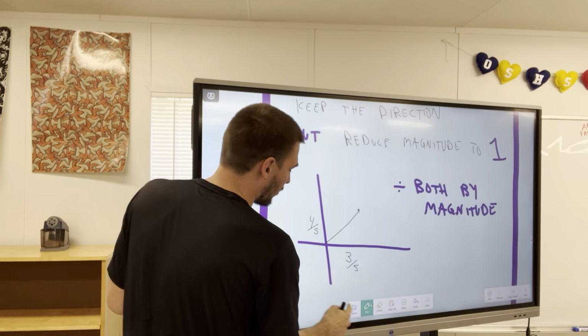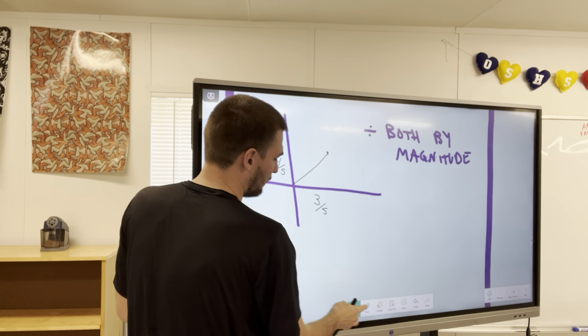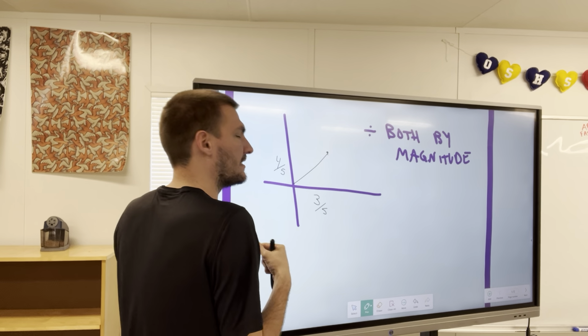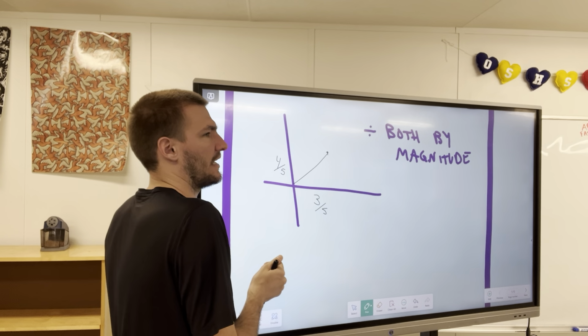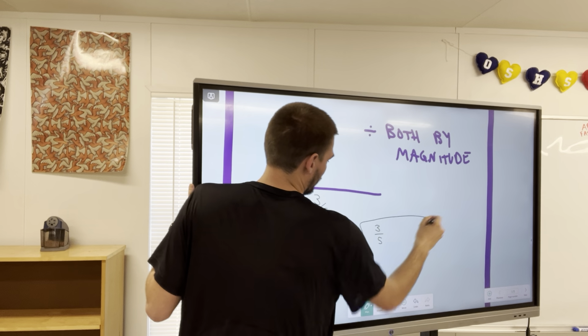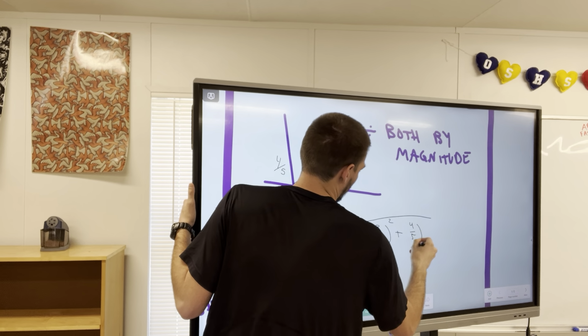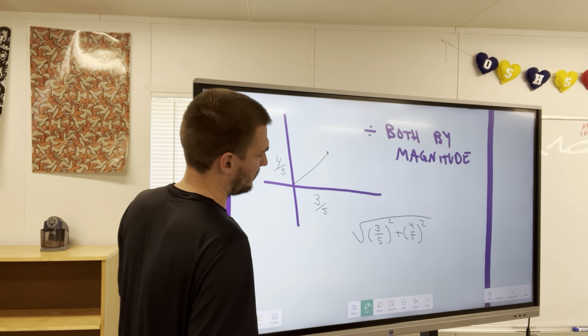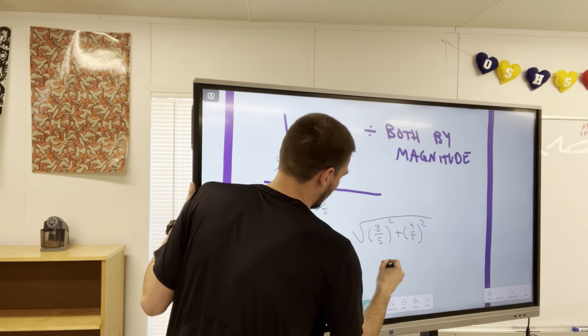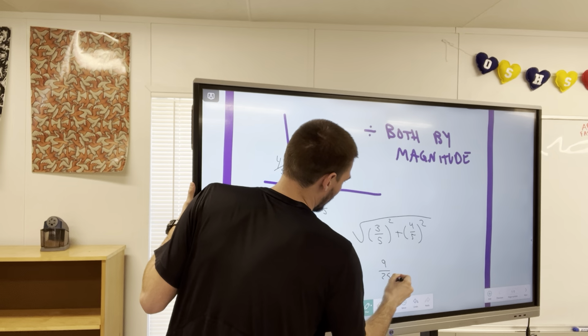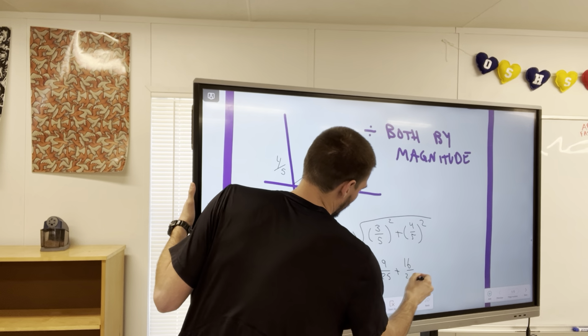Now, the reason that this works, it's probably worth talking about because to me, this is one of those things that just seems like a math teacher made it up. But of course, it does work. If we think about this and we try to do the same formula on it again, that would be 9 over 25 plus 16 over 25.